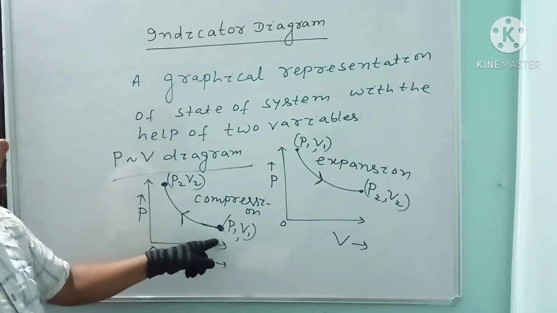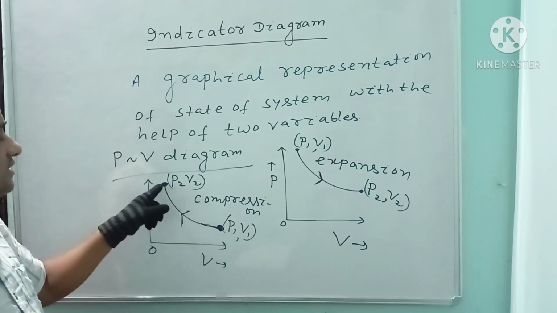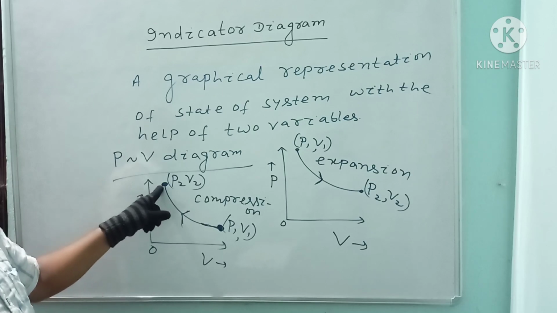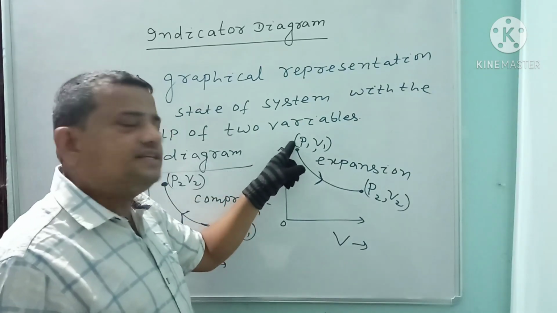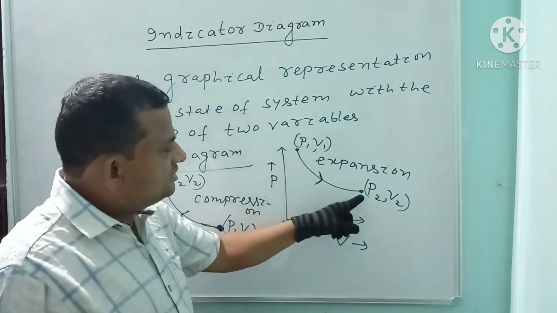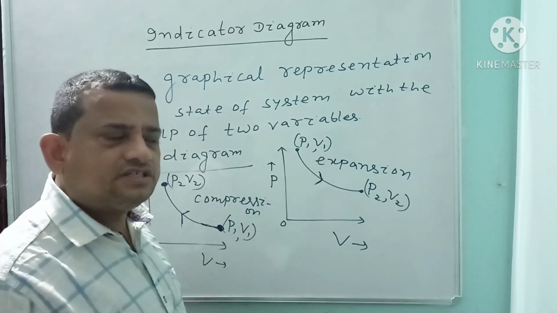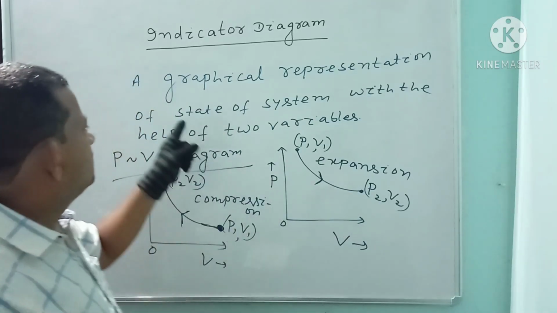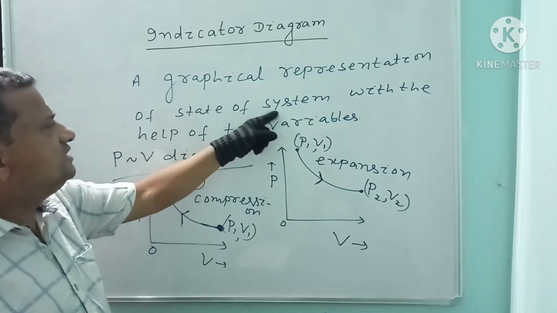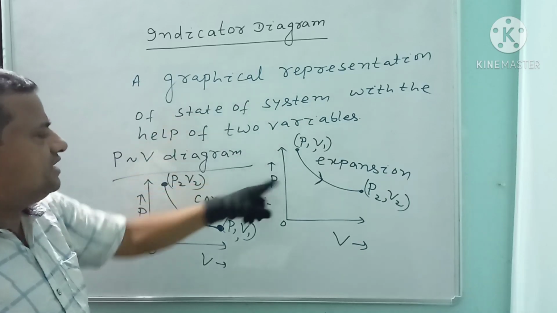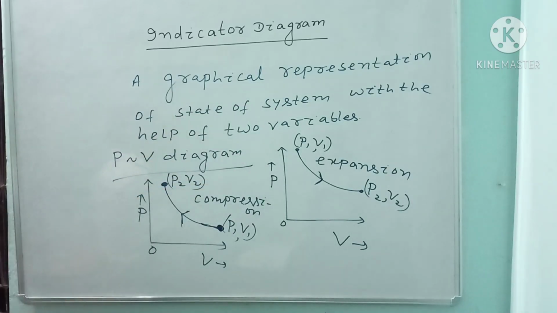This is the initial state of the system. This is the final state of the system. I mean, the state of the system is represented graphically. This is your indicator diagram, or one says PV diagram, pressure volume diagram.